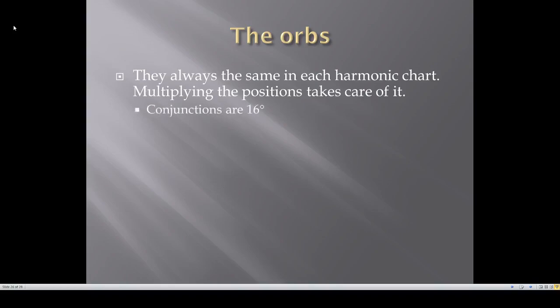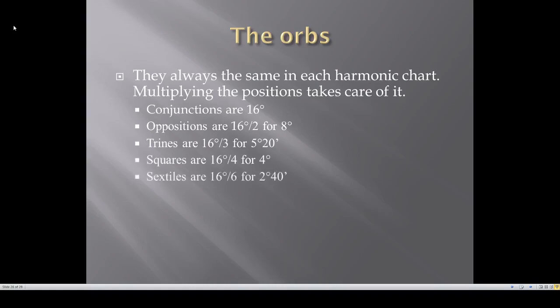So, a conjunction is always 16 degrees. An opposition is 16 divided by 2 for 8 degrees. Trines are 16 divided by 3 for 5 degrees 20 minutes. Squares are 16 degrees divided by 4 for 4 degrees. Sextiles are 16 divided by 6 for 2 degrees 40 minutes.